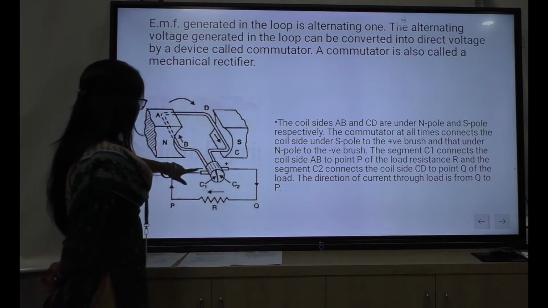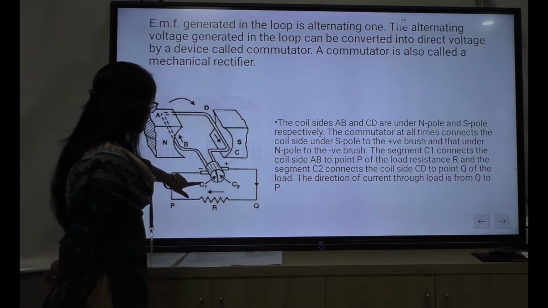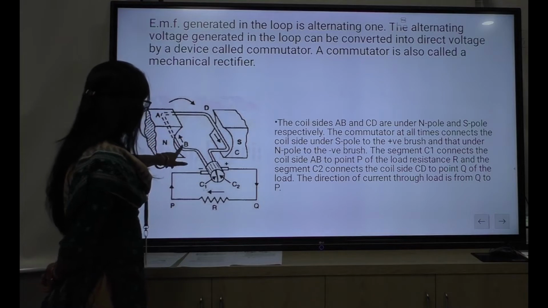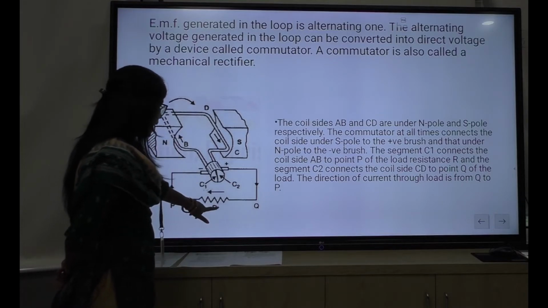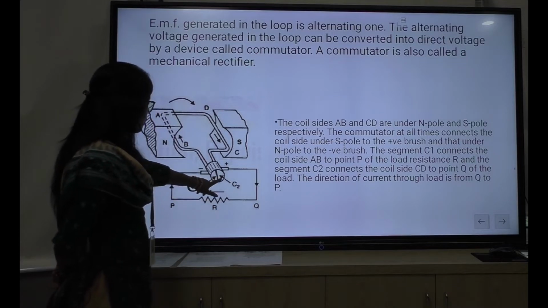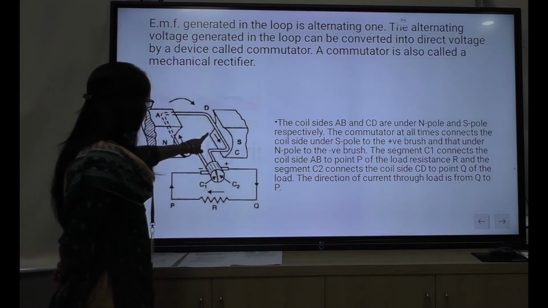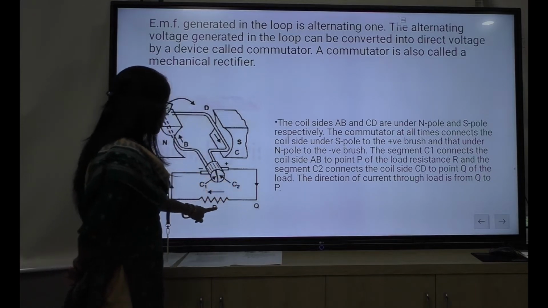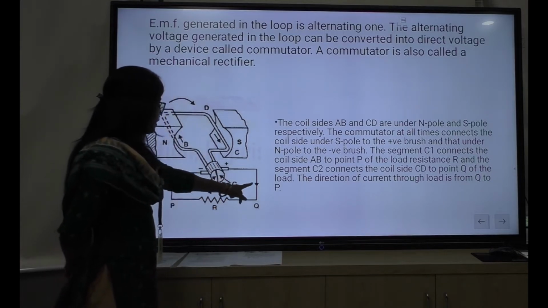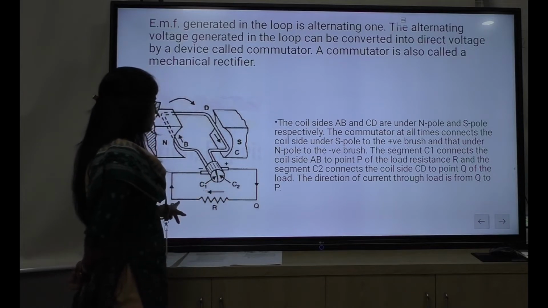And the commutator segment C1 connects coil side AB to the point P of the load resistor R. Similarly, the commutator segment C2 connects coil side CD to the point Q of the load resistor R. So, the current flows from P to Q.